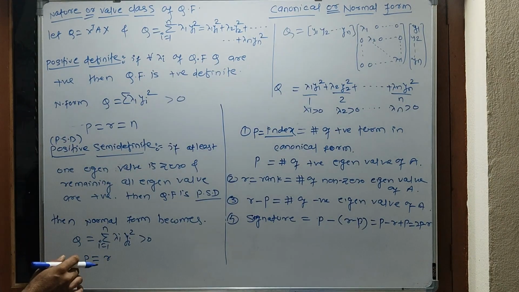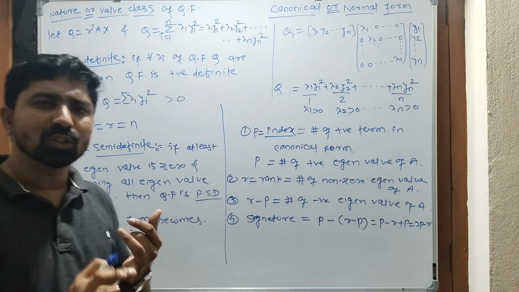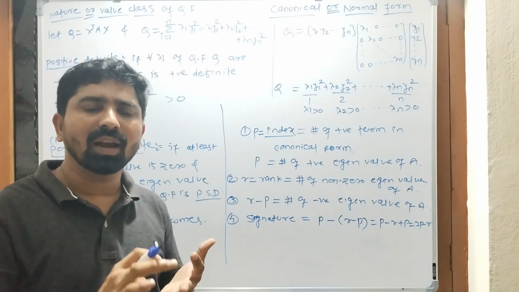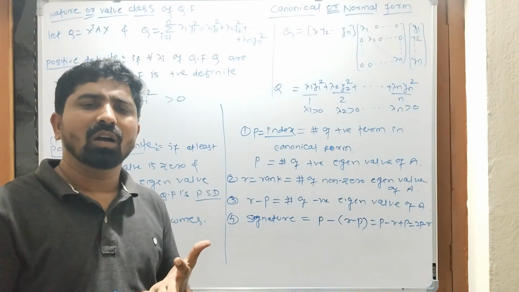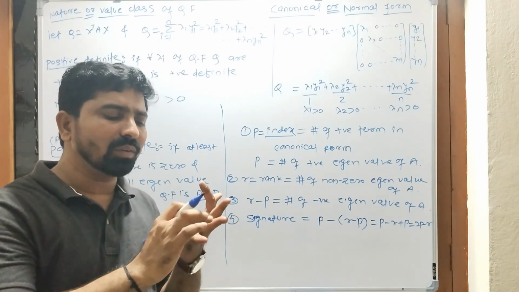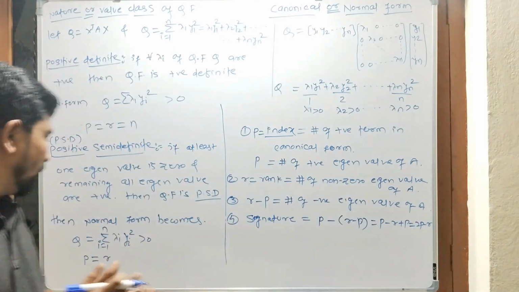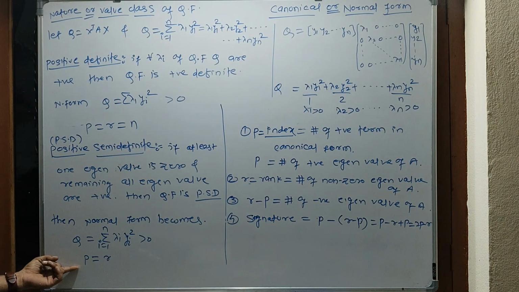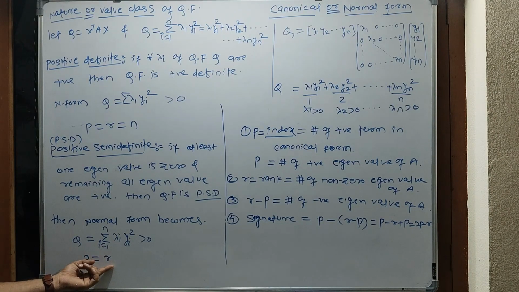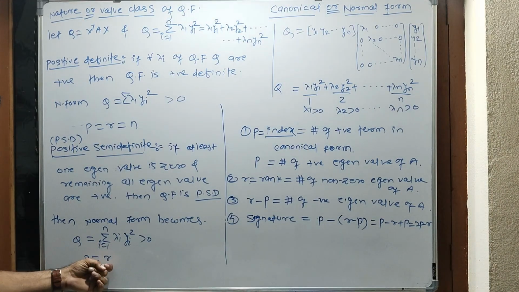Yes. And n is the number of eigenvalues. In n you can take positive eigenvalues, negative eigenvalues and 0 eigenvalues. Here p is only the positive eigenvalues and r is the number of non-zero eigenvalues. Here all the non-zero eigenvalues are positive.